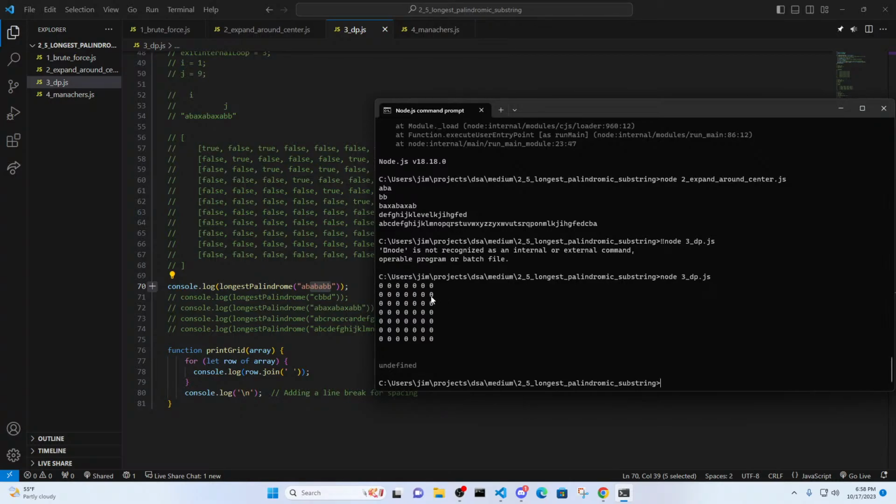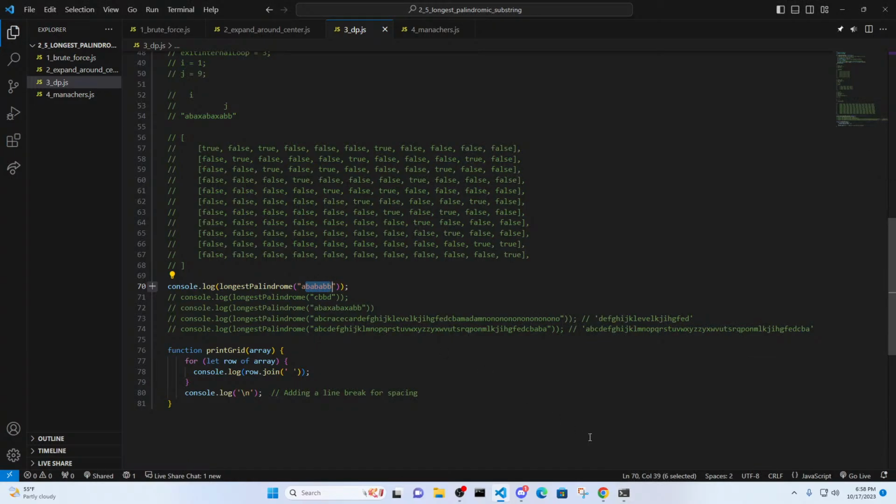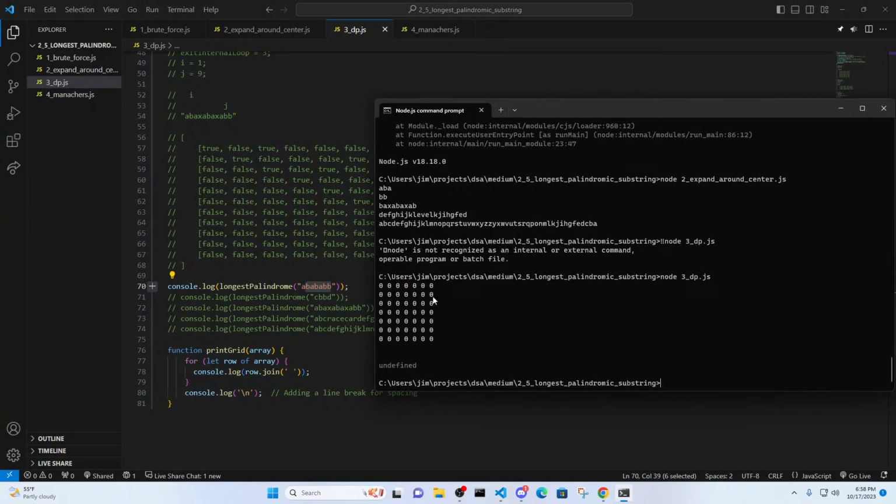Like in this line right here, let's just say this entire string is a perfect palindrome with 7, then we end up having a 7 here. And let's say just the whole string except the first character was a palindrome, we end up having a 6 here.